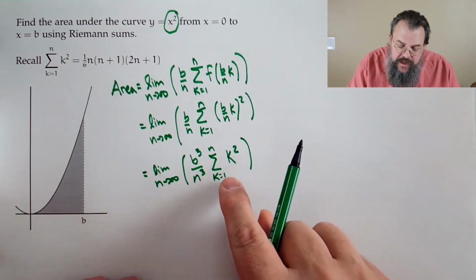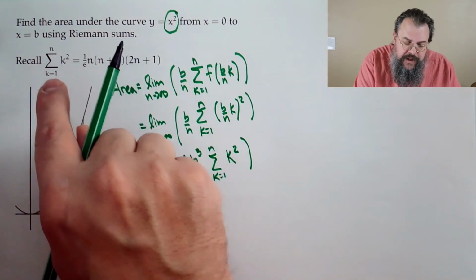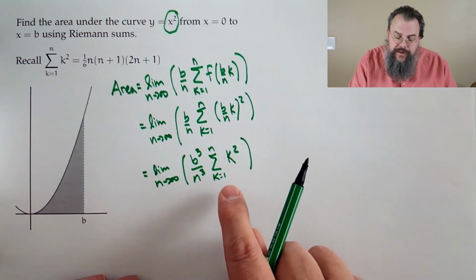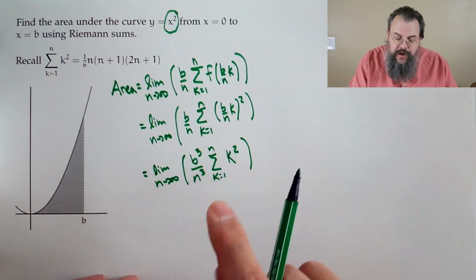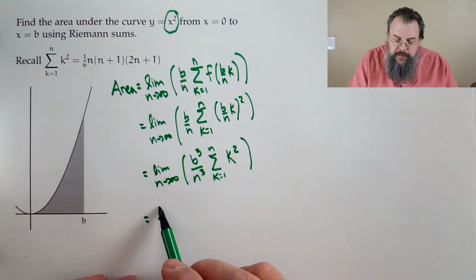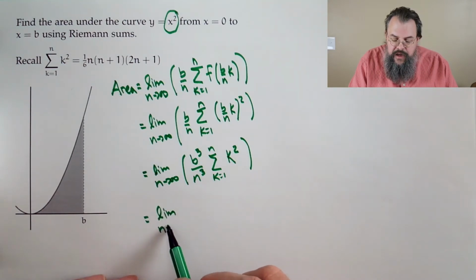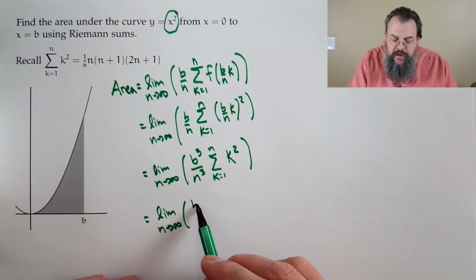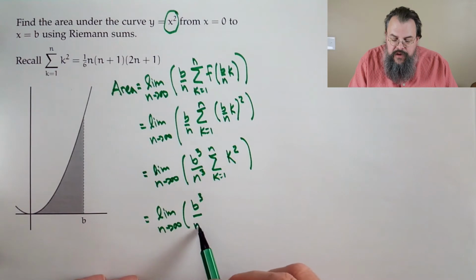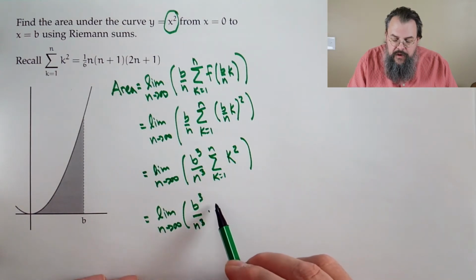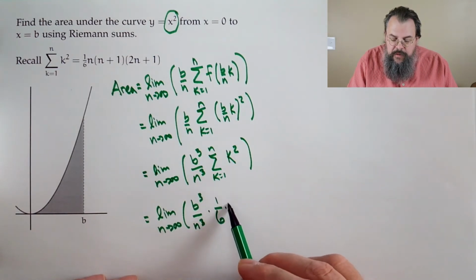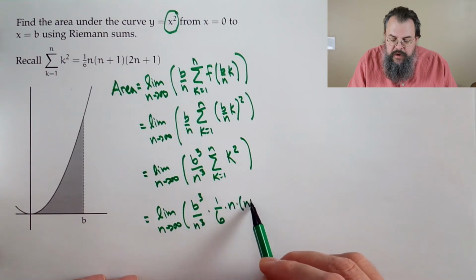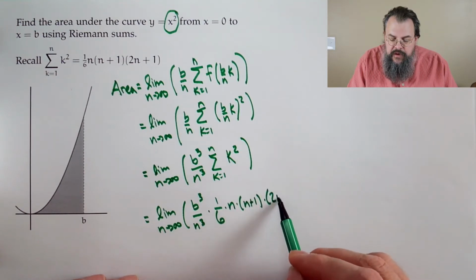All right, good. Now we have to figure this out. Well, we actually have a nice formula. They gave it to us. So we know what the sum of the squares is, so we replace the sum. So now we're like, wow, great. So b cubed over n cubed times 1/6 times n plus 1 times 2n plus 1.